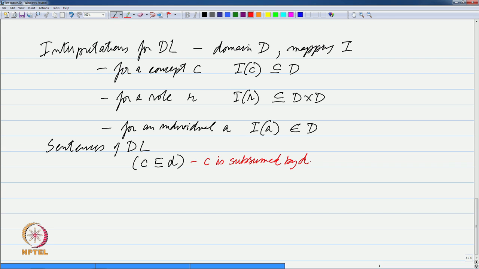What do we mean by a sentence of a language? The sentence of a language is something which can be true or false. So, there are only three kinds of sentences in description logics. One is that a concept is a sub concept of, or is subsumed by, another concept D, and the semantics of this, as you can imagine, is that the interpretation of C must be a subset of the interpretation of D.